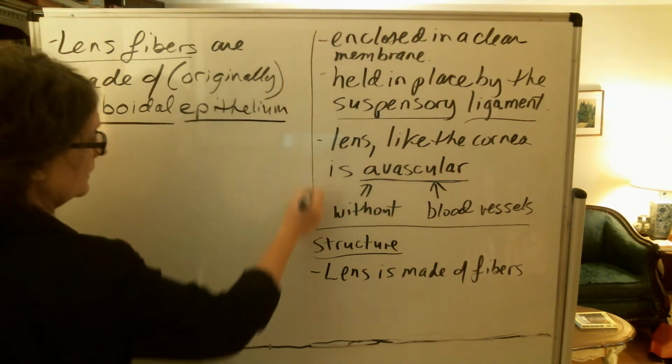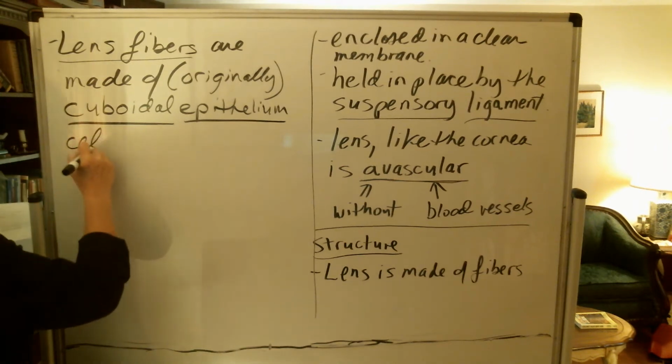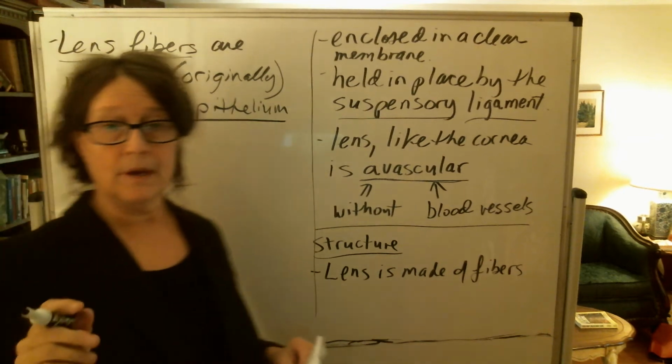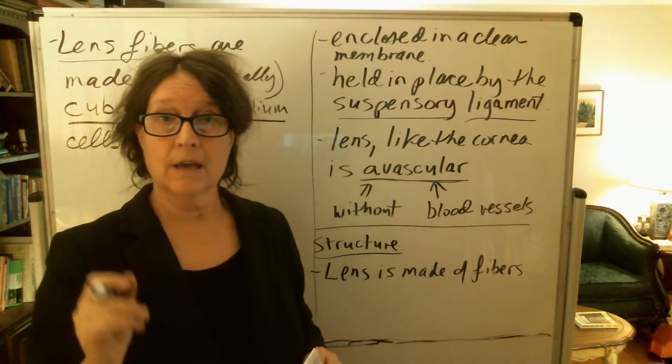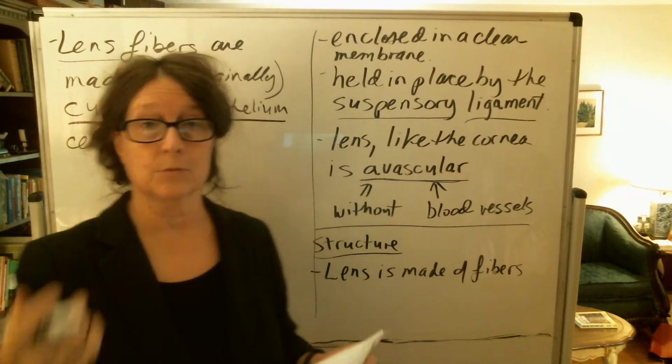You remember epithelium, it's one of your 4 major tissue types. Epithelium is covering and lining, but it does other things as well.